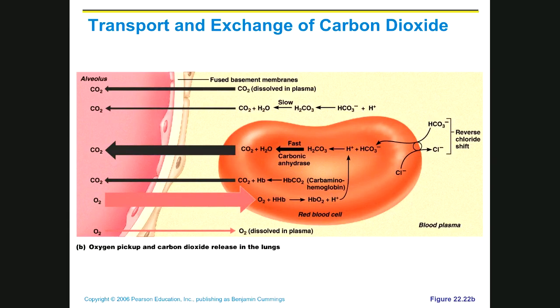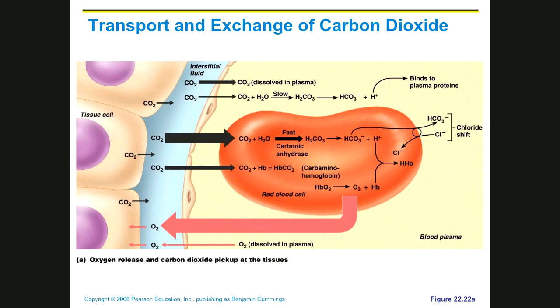And then we're going to go back to the tissues again. So now tissues have a partial pressure of carbon dioxide of about 45. The blood has a partial pressure of carbon dioxide of about 40. So carbon dioxide is going to go this way. Some of it's going to dissolve, 7 to 10%.